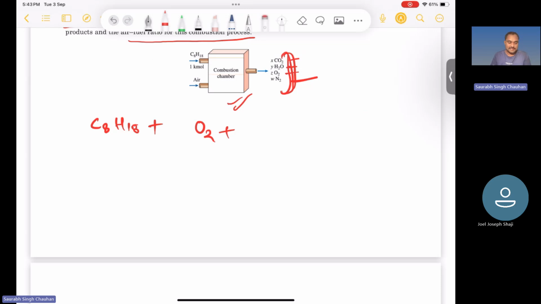This is by volume, or by mole. So for every one oxygen there is 3.76 nitrogen.